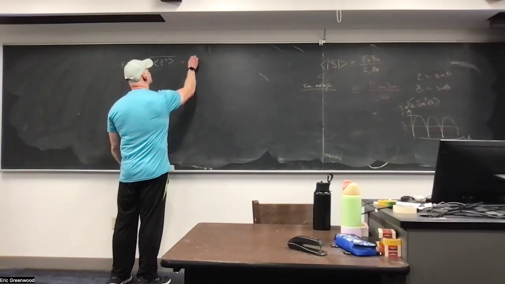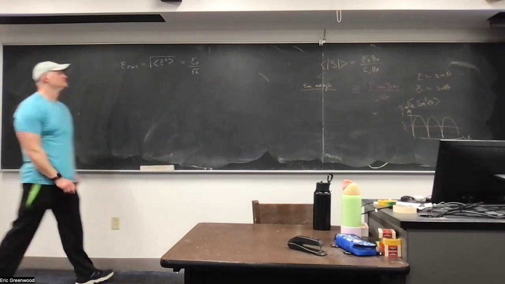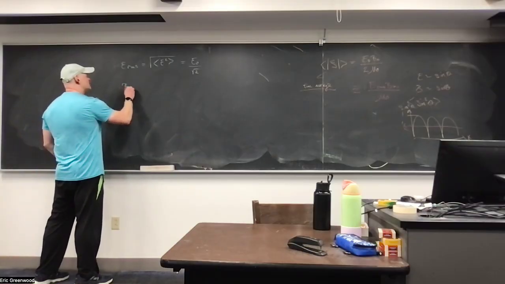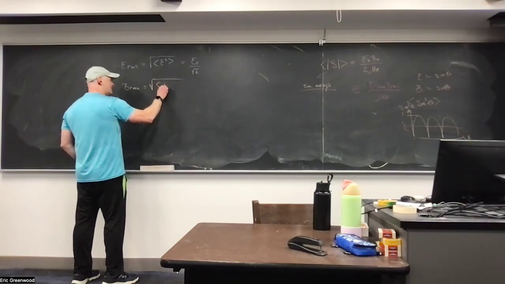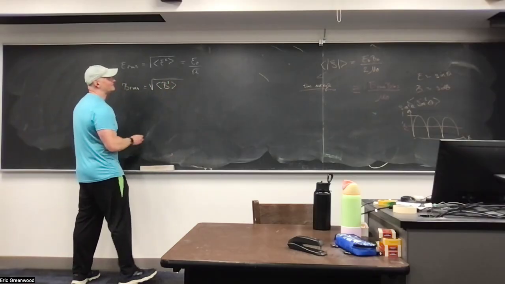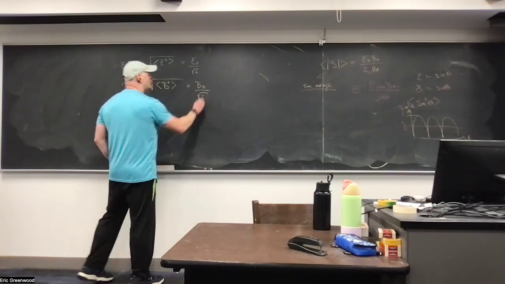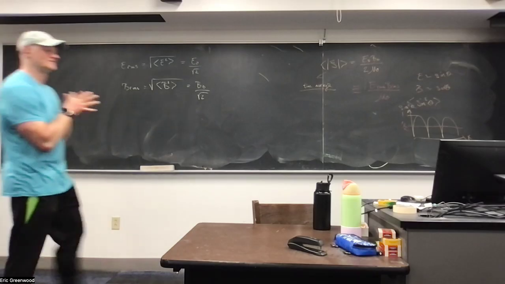This works out to be the magnitude of the electric field divided by the square root of 2. So this is the RMS value of the electric field. Simultaneously, the RMS value of the magnetic field is equal to the square root of the time average of the magnetic field squared, which is equal to the amplitude of the magnetic field divided by the square root of 2. Okay?